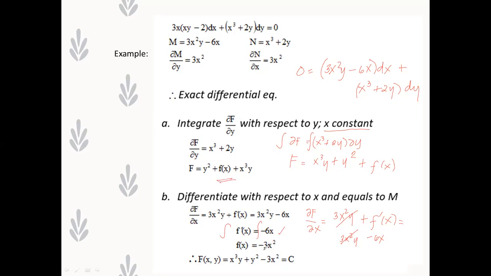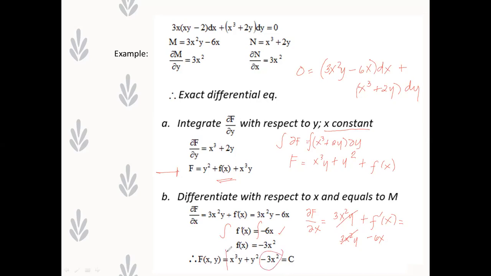So that would be negative 3x squared because you will have x squared over 2, so your 6 will be divided by 2, giving you a 3. So knowing your function of x is negative 3x squared, you can go back here in your original expression in step 1 and substitute it.